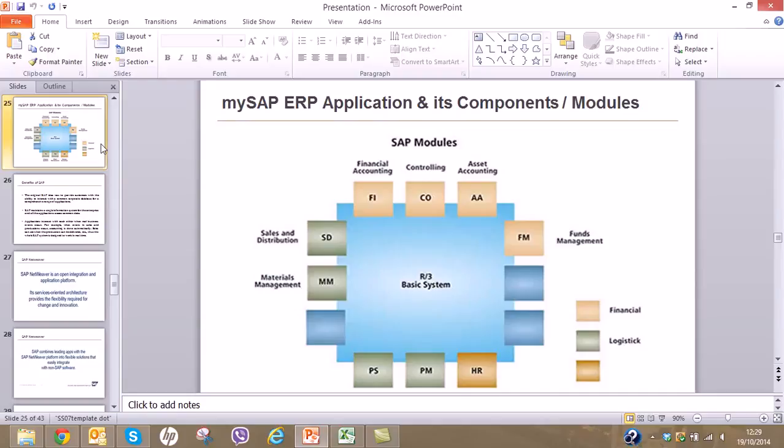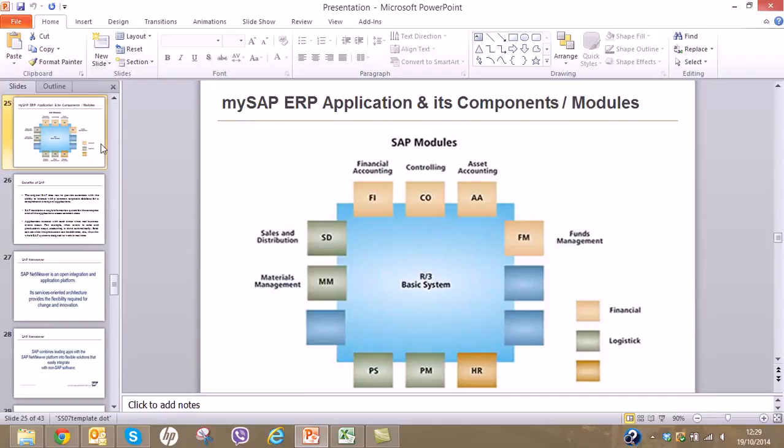SAP is the largest one. Why is it the largest? It is the largest not according to its usage, but according to the functionality which it provides to the organization. It provides the most extensive functionality which no other ERP is offering.